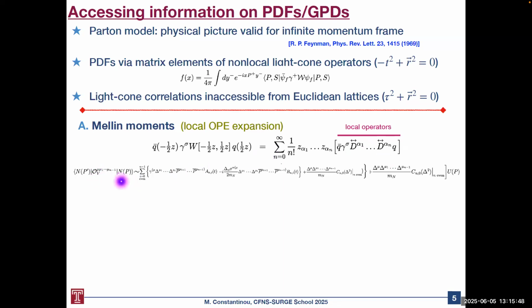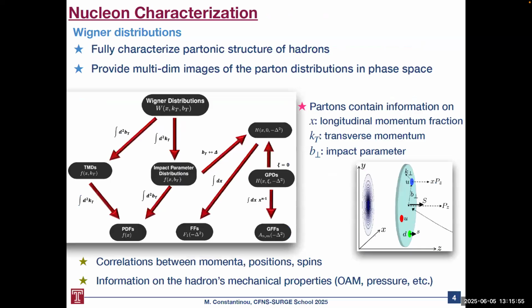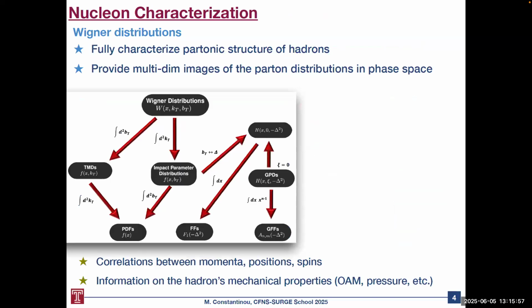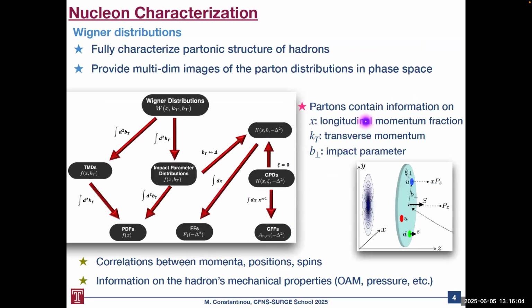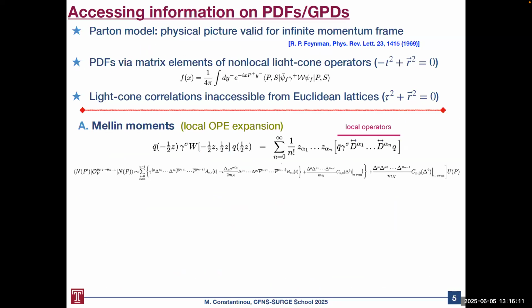And if you look now at these operators, even though there is an OPE, I have talked earlier about these form factors and generalized form factors, where we basically get rid of the longitudinal momentum fraction and you get only dependence on delta, which is the momentum transfer squared. So these matrix elements now do contain physical information. They are the so-called form factors and generalized form factors.